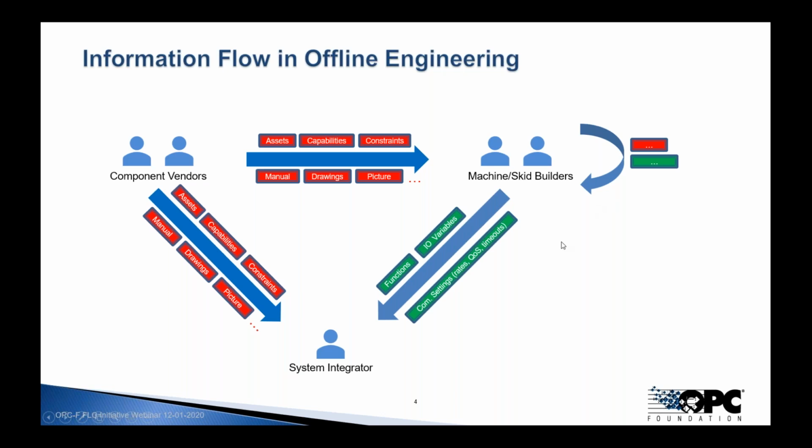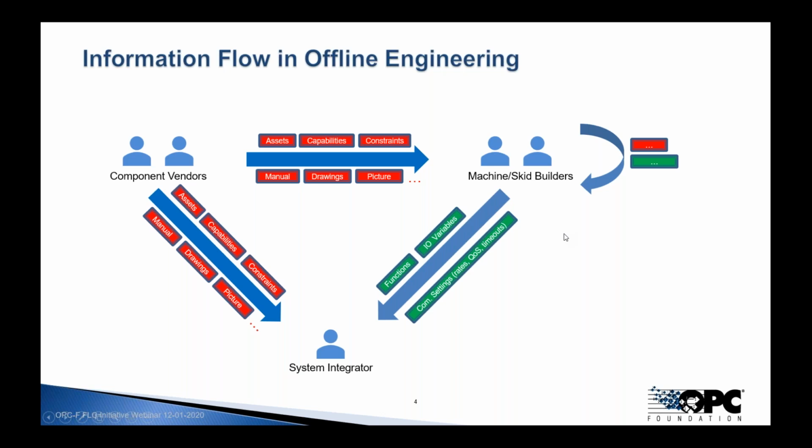In the next arrow here, we have another use case where the machine skid builder is delivering his design to a system integrator so that he can already plan the factory without having the hardware available that comes later.